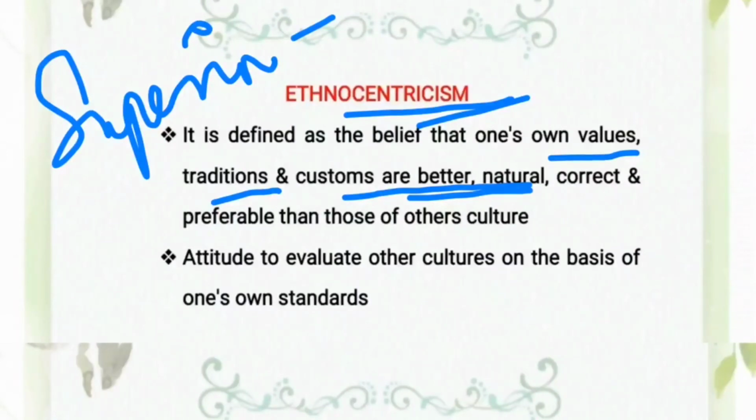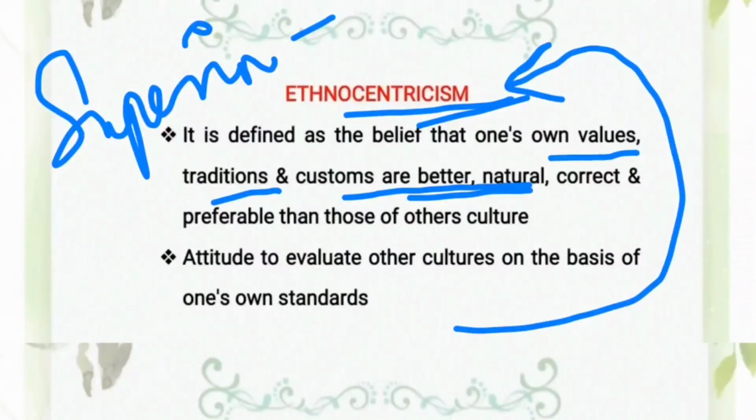The attitude of evaluating other cultures on the basis of one's own standards, this is also how we define ethnocentrism. We simply try to gauge others' culture by the standards of our own culture, which is not actually the correct way to see other religions.